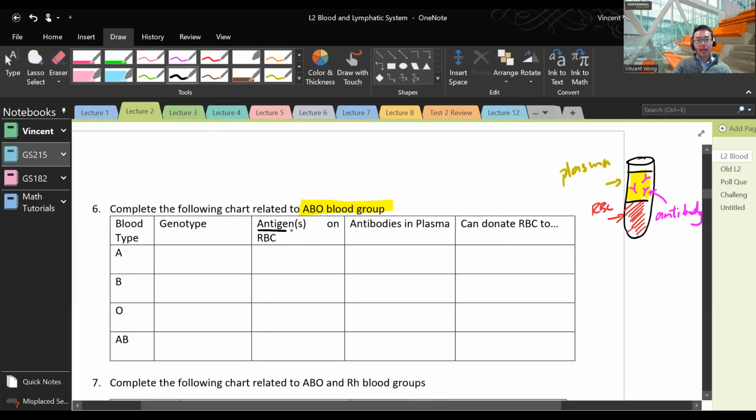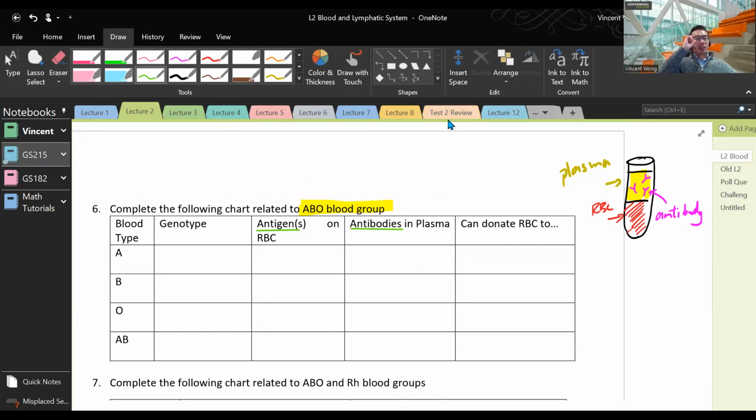What's the difference between antigen and antibodies? Does anybody want to clarify that for me and for the class maybe? Okay. What is the difference between antigens and antibodies? Are they different?